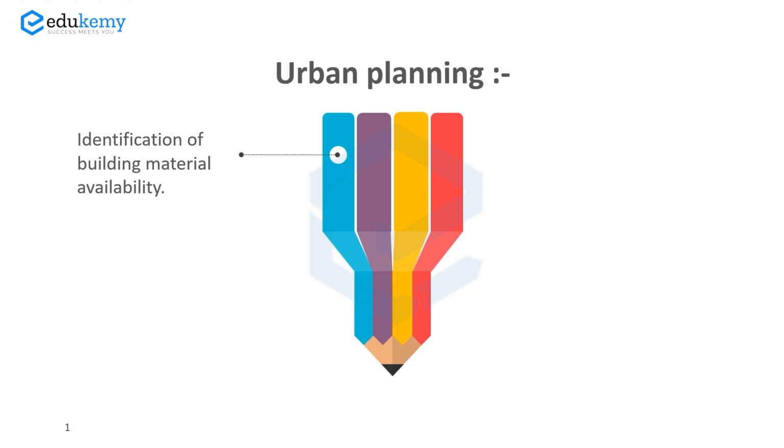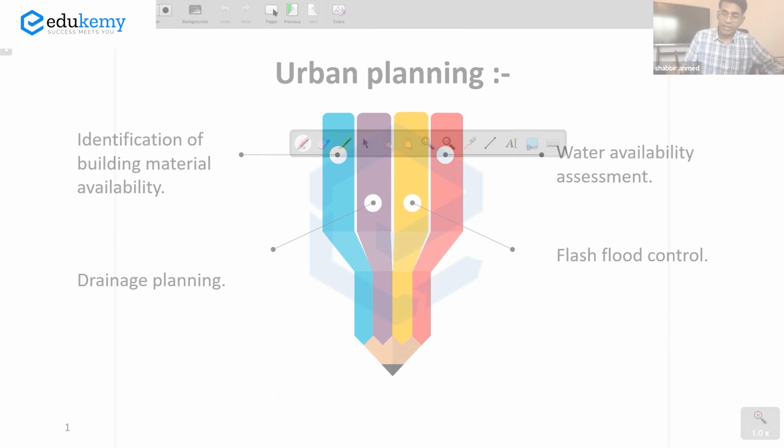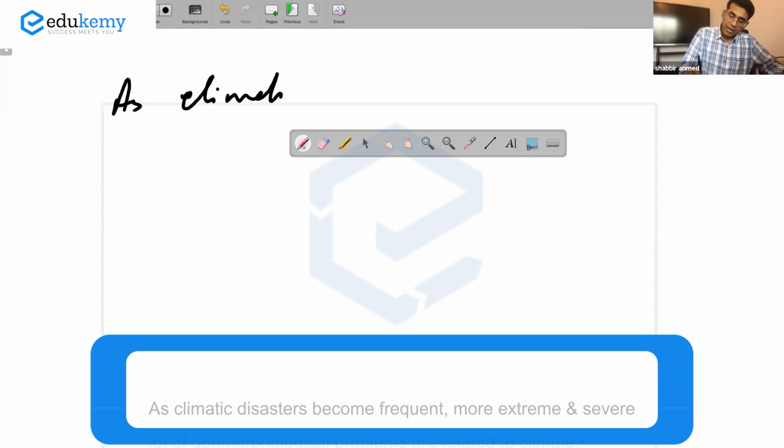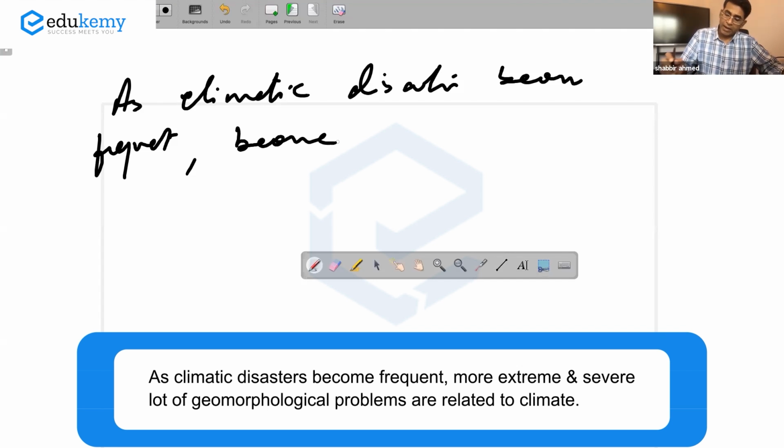identification of building material. Urban planning in terms of water availability assessment. Urban planning and drainage planning. Drainage planning and also flash flood control. In fact, we can add something here: as climatic disasters become frequent, they become more extreme and severe.